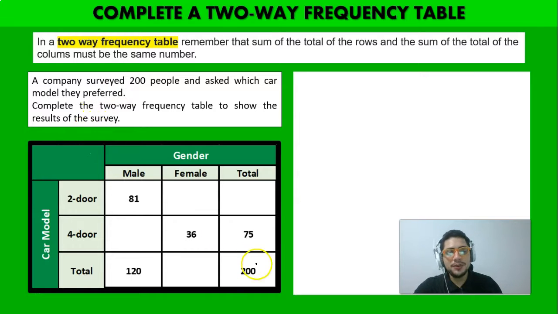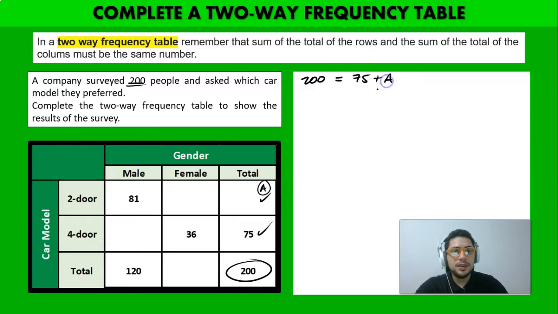Okay, the first thing we have to see is that the grand total is 200. So there is a total of 200 people who were surveyed, as we know from this statement. So the grand total is 200. And we know that 200 is actually going to be the sum of 75 plus this value that we will call A. So it's going to be equal to 75 plus A, right?